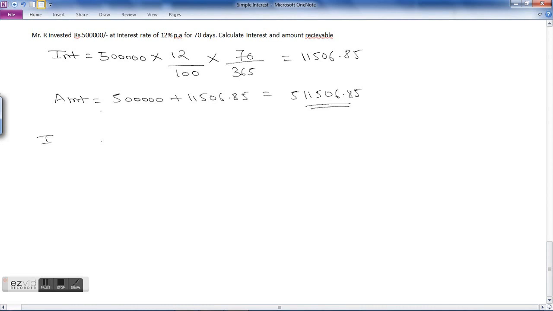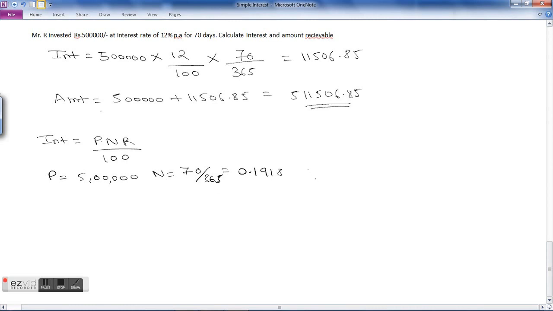Interest is equal to PNR upon 100. P is 5 lakh. N is the number of years, which here is a fraction, 70 divided by 365, that comes to 0.1918.